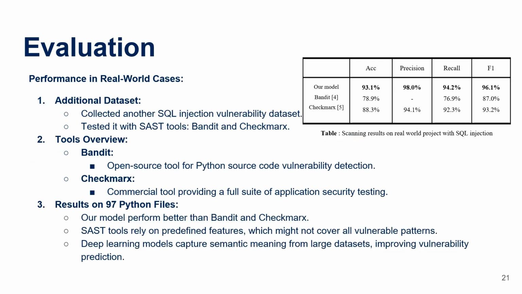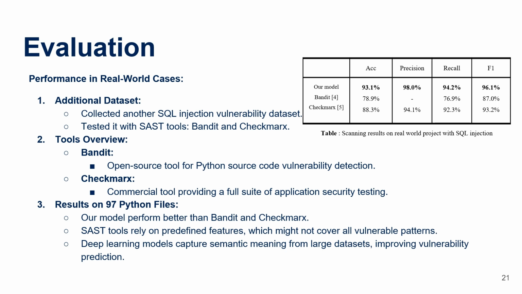To further analyze our model in a real-world case, we collected another SQL injection vulnerability dataset and tested it with some SAST tools, such as Bandit and Checkmarx. This table shows the testing results on 97 Python files that might contain SQL injection vulnerability.